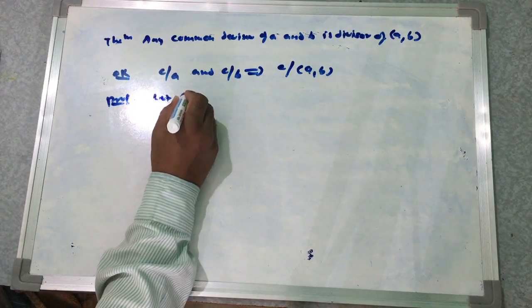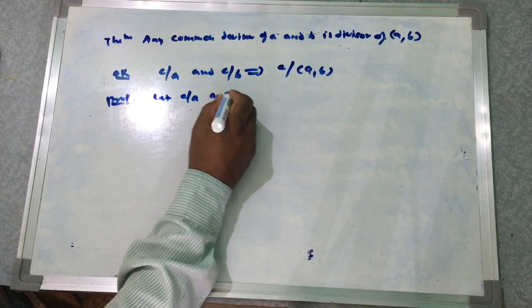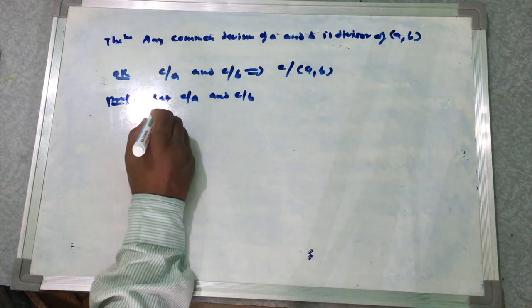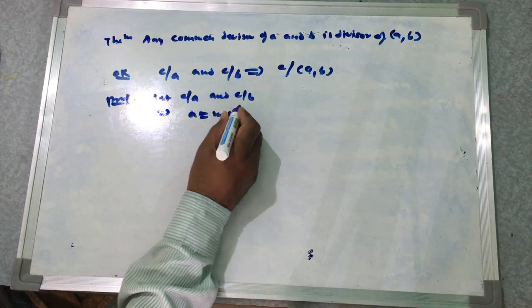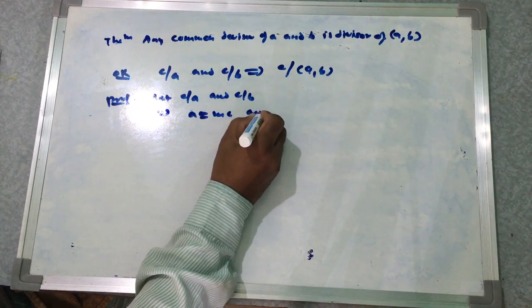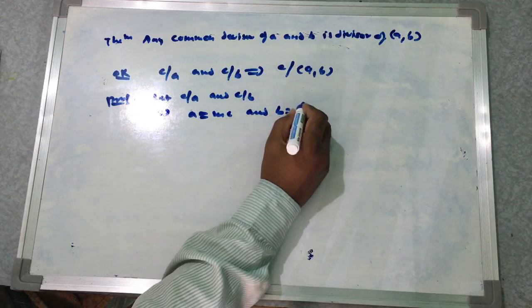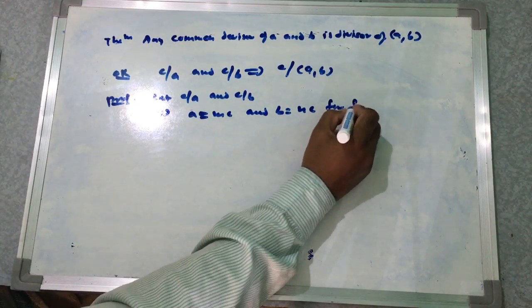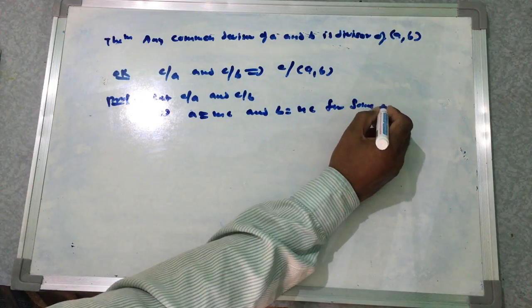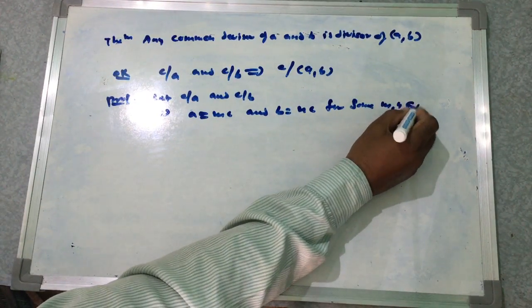Let c divide a and c divide b, that is a is equal to mc and b is equal to nc for some m and n belonging to the integers.